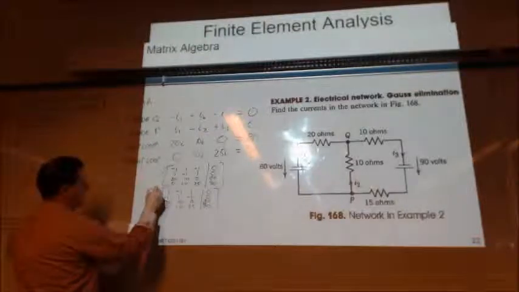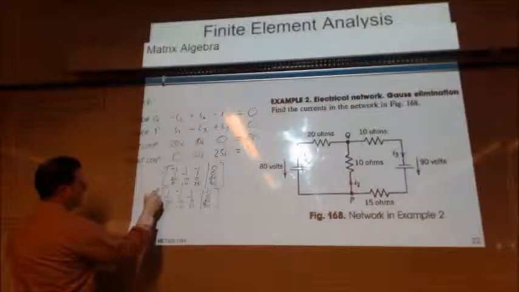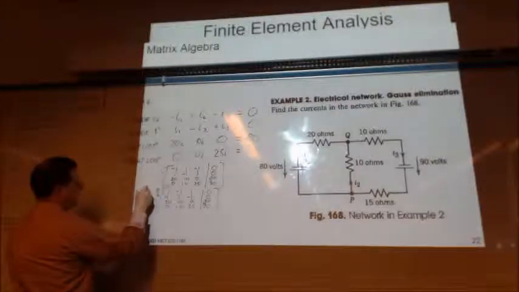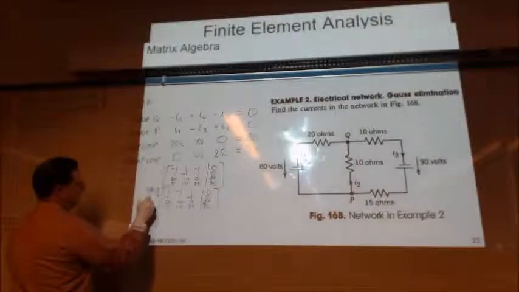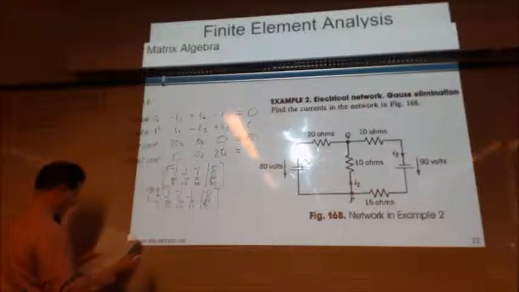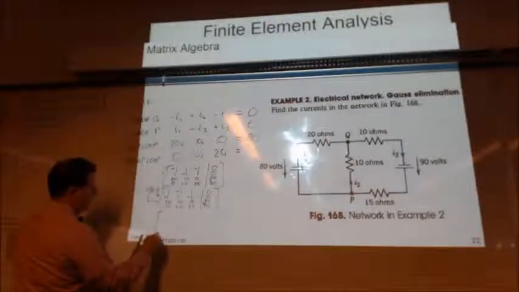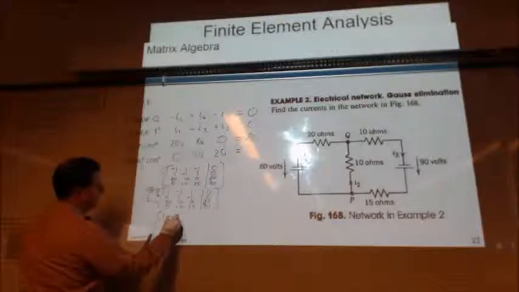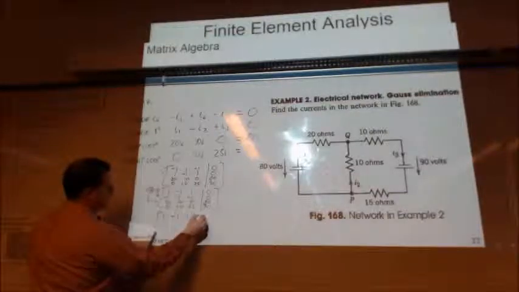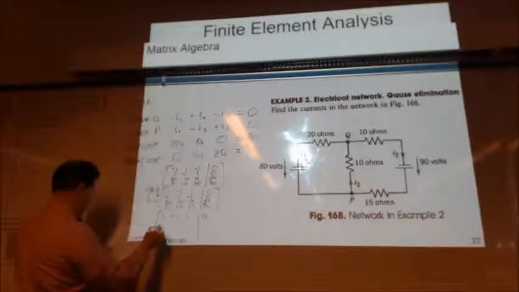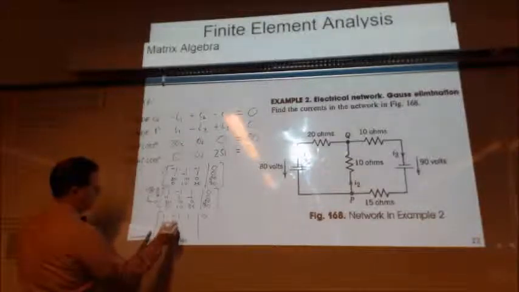So if I do 0, 1, 20, so I end up with 0. This goes to all zeros.